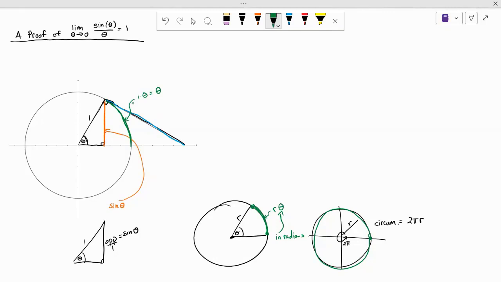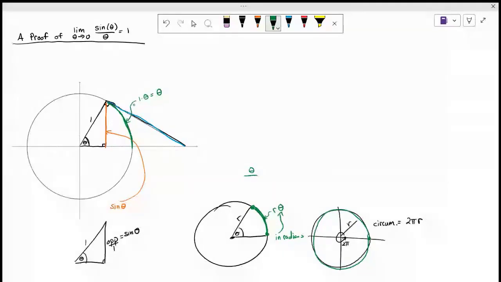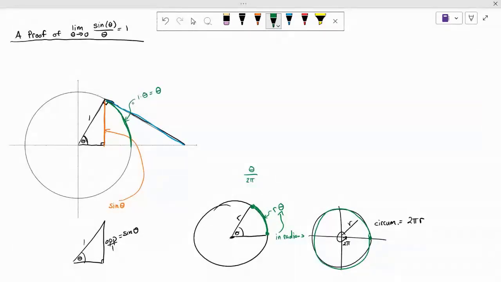I think you probably said something about the ratio of theta to the total angle in a circle, which is 2 pi radians, should be the same as the length we're looking for along the circumference to the total circumference. And the 2 pi's cancel, and you would indeed get that length, after you multiply both sides by r, is r theta. That's not a bad way to think about it. I like it.